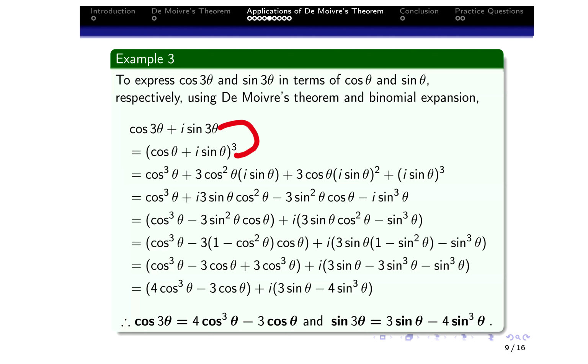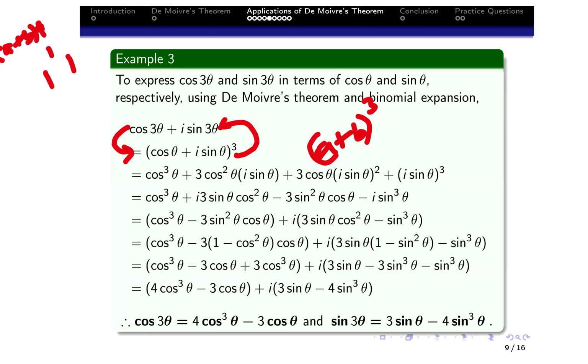So it means we can also say cos 3θ + i sin 3θ is the same thing as (cos θ + i sin θ) raised to power 3. And from here we can use binomial expansion. The idea is this: you have (a + b) raised to power 3. We can use Pascal's triangle, where if it is raised to power 0, the coefficient is 1. If it is raised to power 1, you have 1a plus 1b.